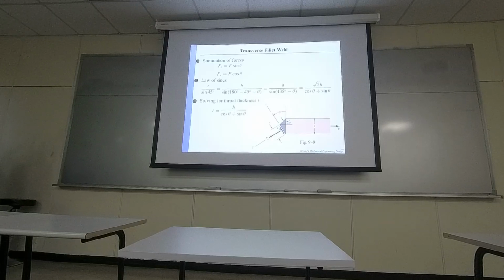So over here is trying to use the force balance to let you know how much shear force can be found and how much normal force can be found in this particular case.